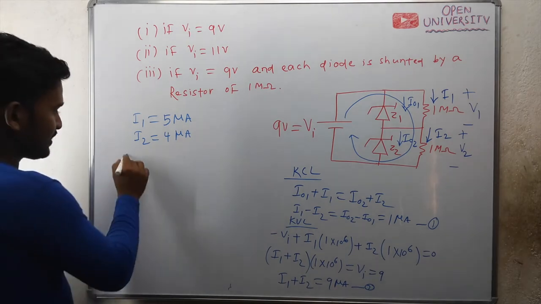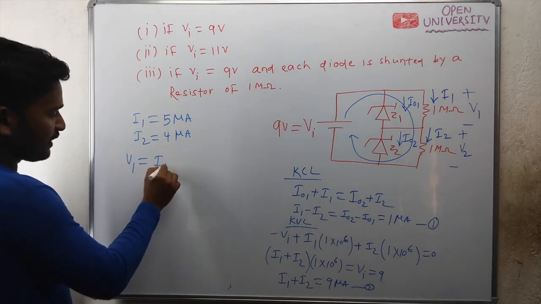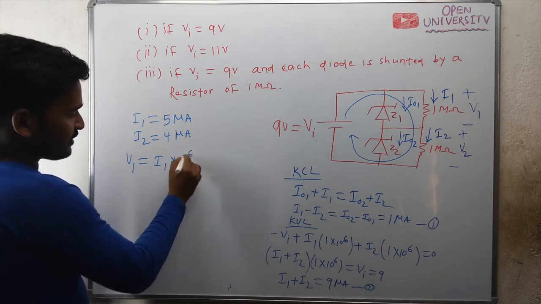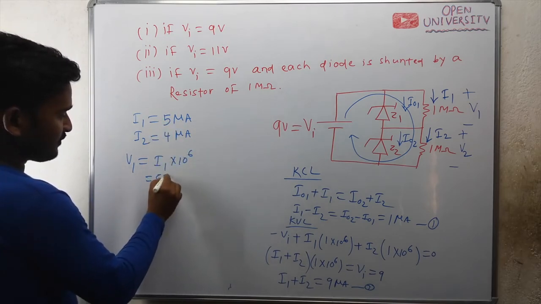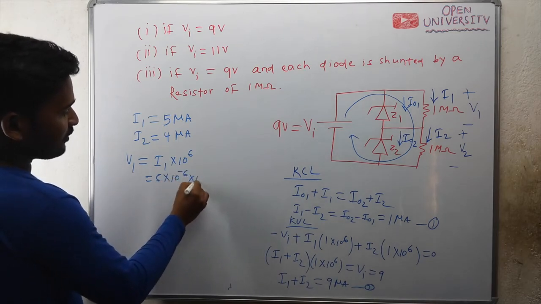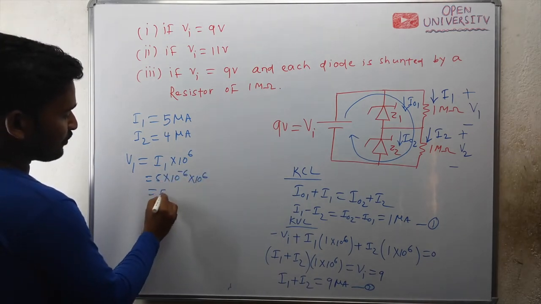Then we find out V1. V1 equals I1 into 10 power 6. I1 is 5 into 10 power minus 6, into 10 power plus 6, which will be 5 volt.